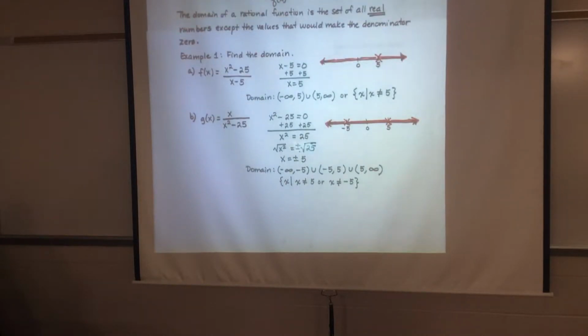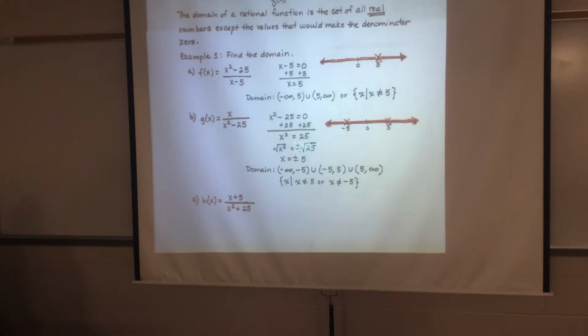And let's look at one more of these domain type problems here. In this case, let's say h of x is equal to x plus 5 divided by x squared plus 25.